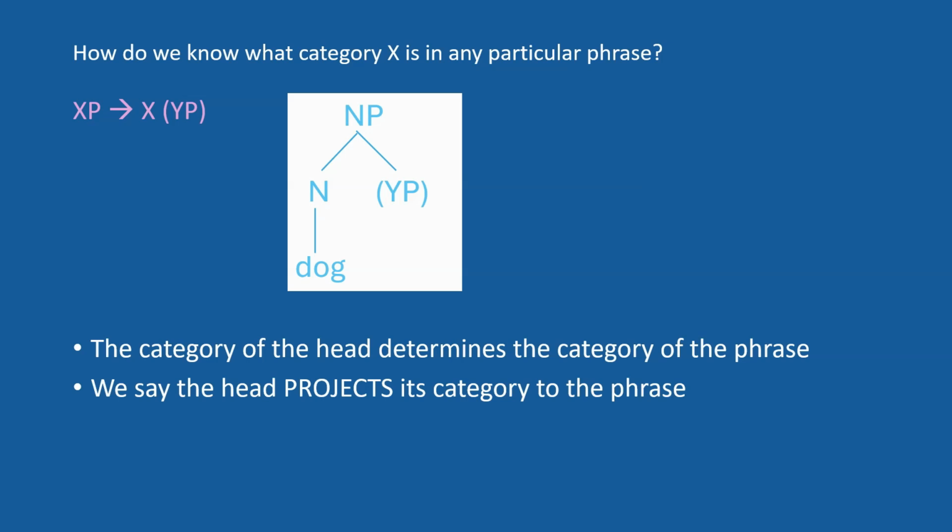We say that heads project their categories onto the phrase. So, given that we know that dog is a noun, it projects that noun category up onto the head position, and if the head is a noun, then it projects that up onto the phrasal position. So the relationship between the head and the phrase is one of projection.